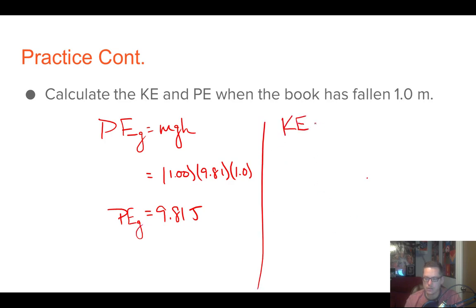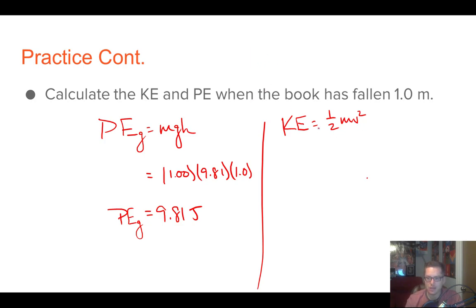Now the kinetic energy, now this is more exciting. We want to find kinetic energy. Well, kinetic energy is equal to 1/2 mv squared. Now let's think about this. What else do we know about kinetic energy? I just thought if we could do this, it'd be a lot easier.